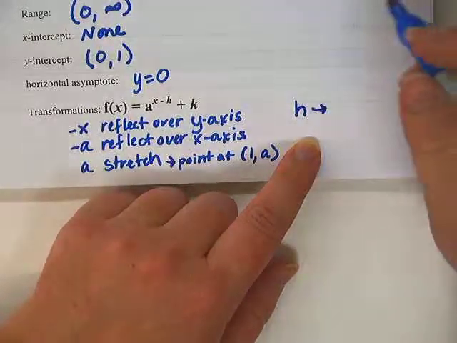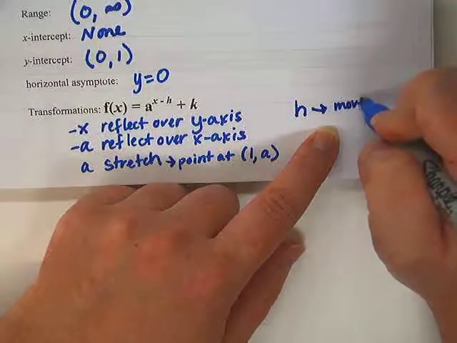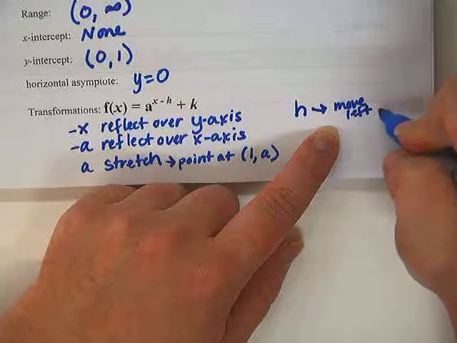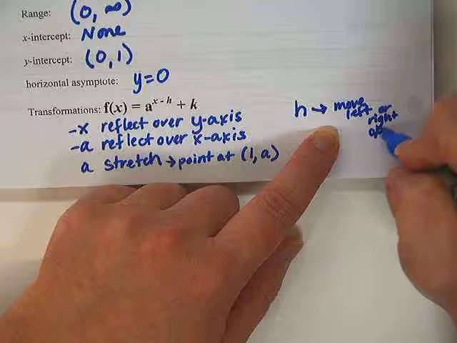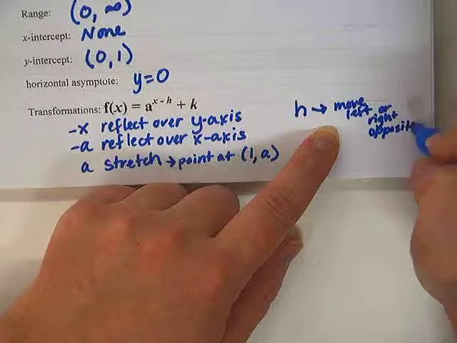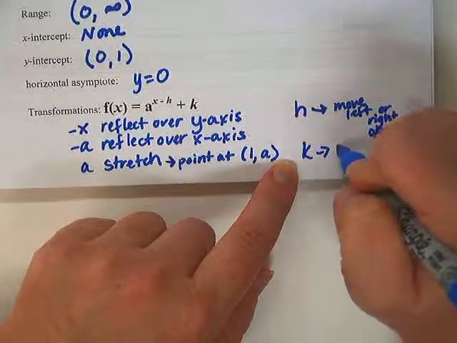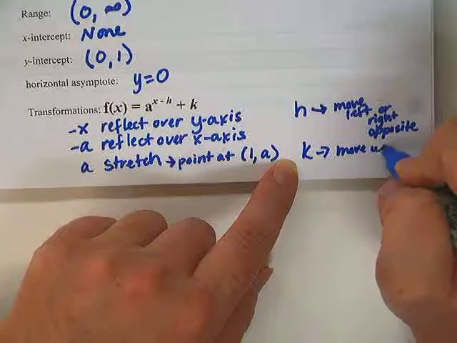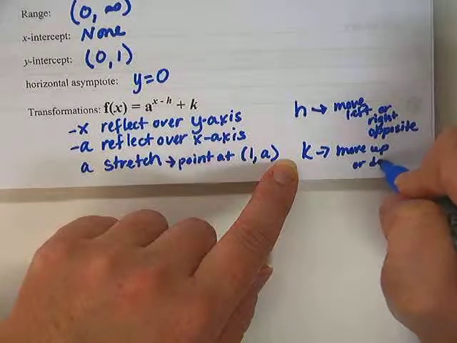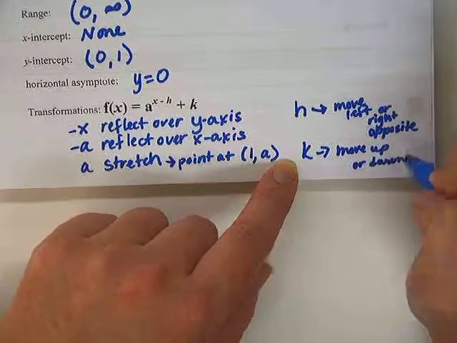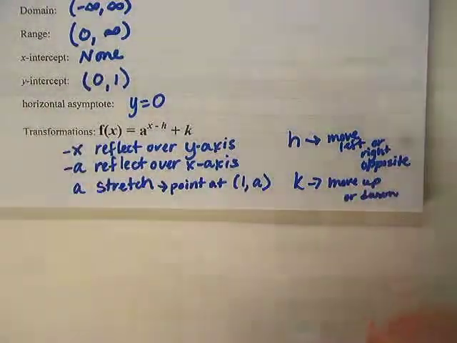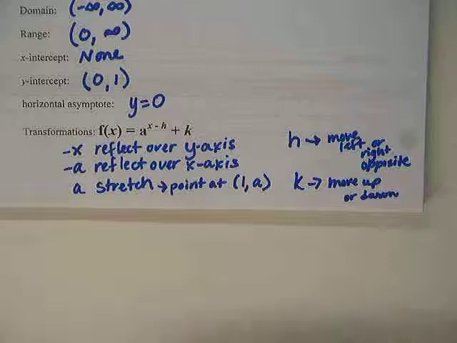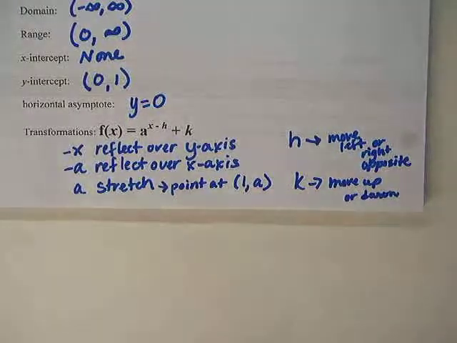Whatever that base is, you go over 1 and up that base. Okay, so stretch point, the a causes the stretch. For example, there would be a point at (1, a). Okay, and then of course we have h, which means it's moving left or right, and it's the opposite direction. And then k would move up or down.